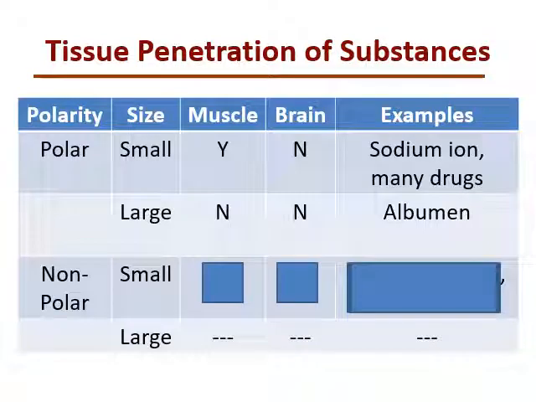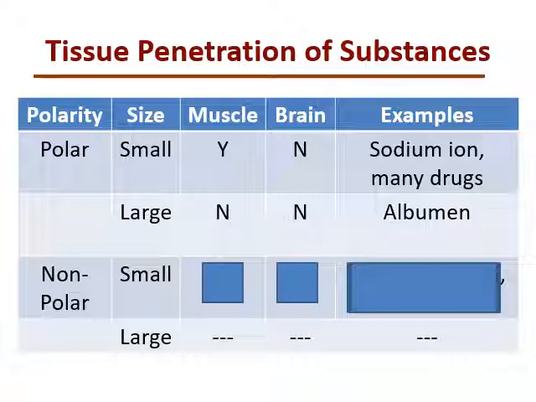The one I want you to keep in mind, because it's useful to know later, is albumin. Albumin is a protein, about 4% of the plasma is albumin, large molecular weight about 40,000, and a very polar compound. And that is retained within the capillaries of the vasculature all over.